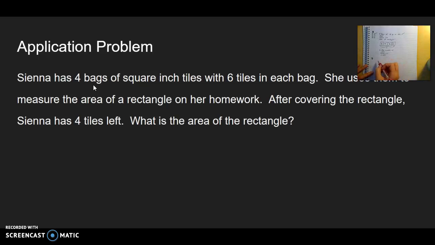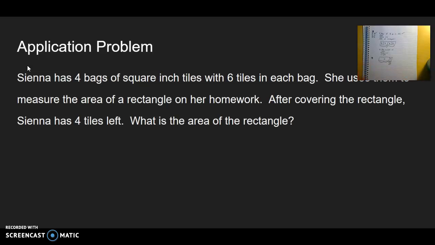So, I am going to draw another tape diagram, and I am going to label this with a C for covered, and then I'm going to label this 4. And I'm going to make a note saying not used tiles, because these are the tiles Sienna did not use. So now I need to figure out what C is.